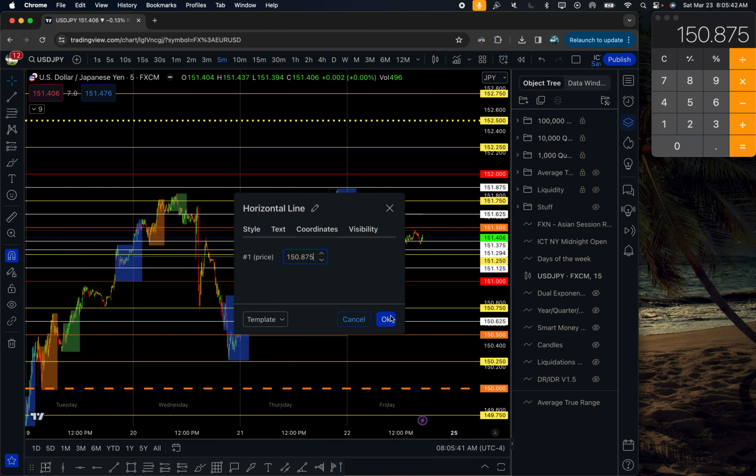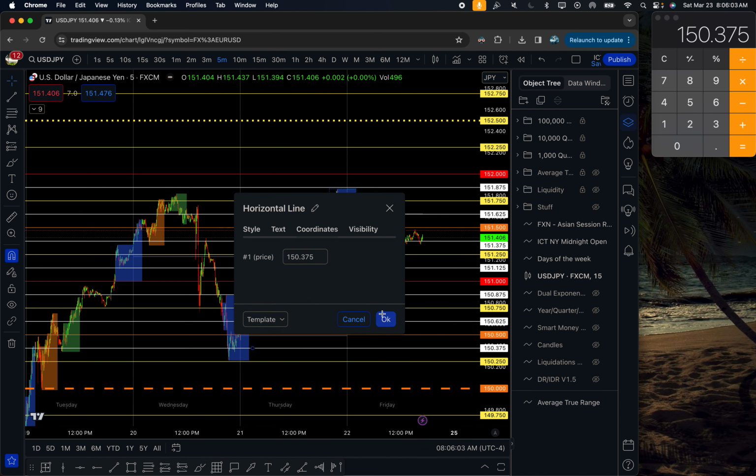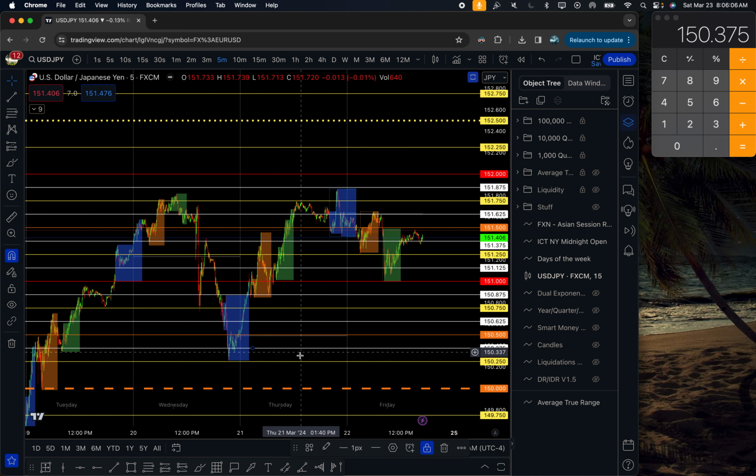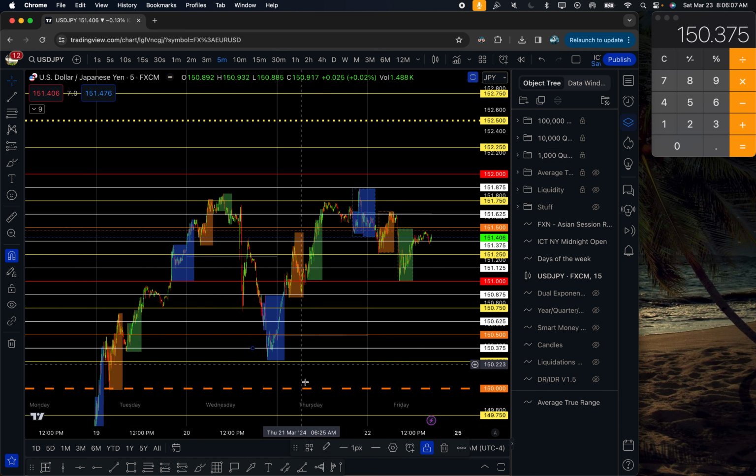See there? Okay. Just always make sure everything's locked in. Minus 0.25. Clone. Paste. Okay, so that's pretty good for now.